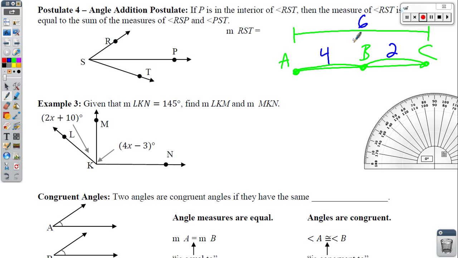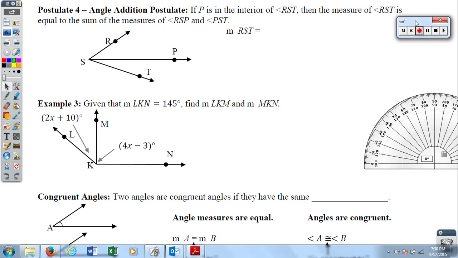We can do the exact same thing with angles. So if we're looking at this angle right here and this angle right here, and if we have angle measures for both of those, we could find the angle measure of the red one there just by adding the two angles together.